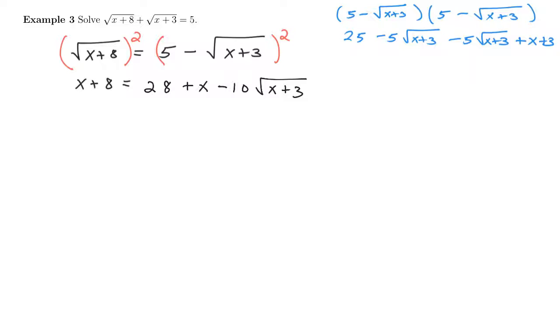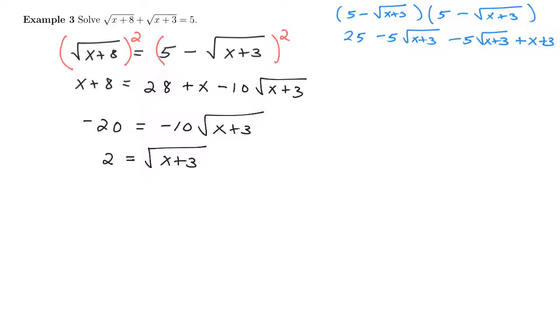Okay, I think now what I'm going to do is subtract x and 28 from both sides, and I get negative 20 is equal to negative 10 times the square root of x plus 3. Okay, I'm going to divide both sides by negative 10. That gives me 2 is equal to the square root of x plus 3.